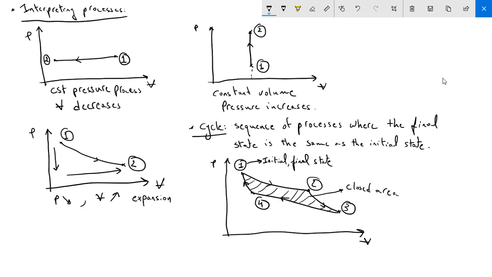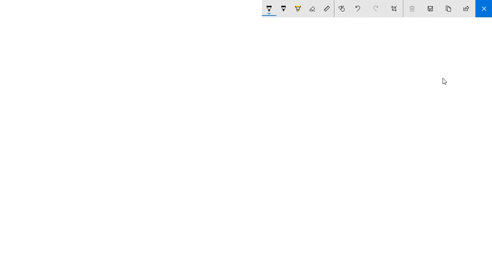Other special types of processes have some terminology in thermodynamics, and we need to identify what these terminologies mean. So now we'll move to constant property processes.